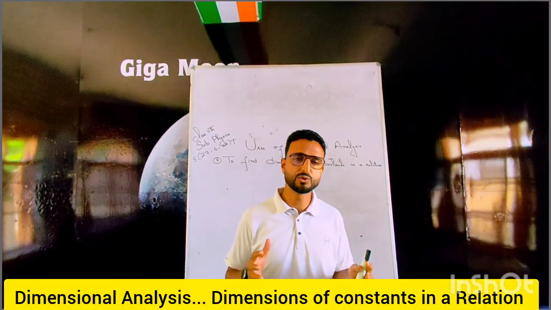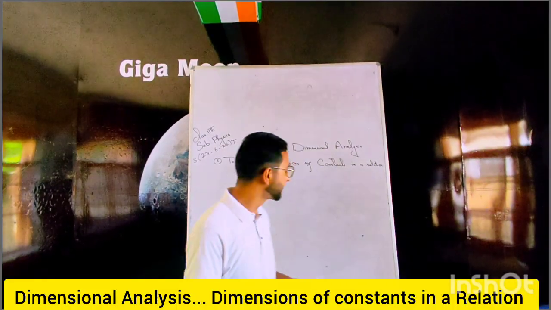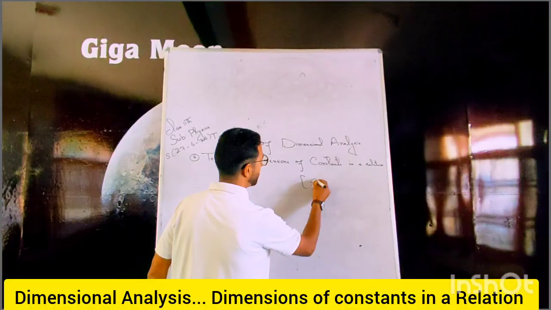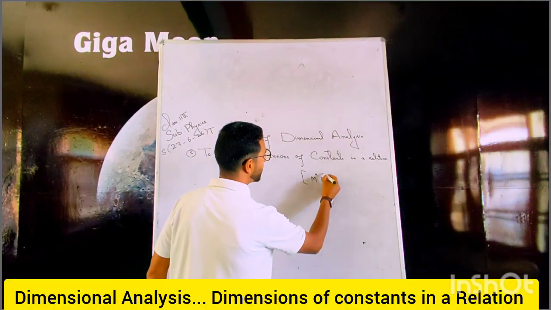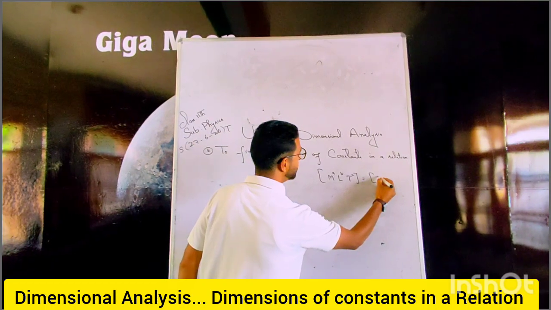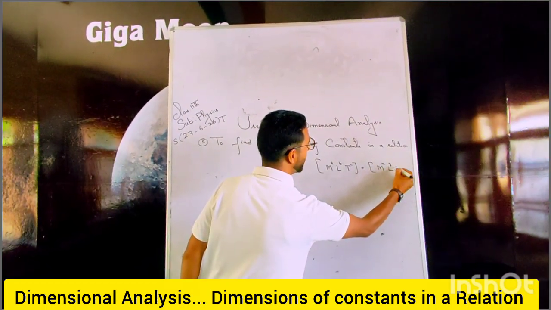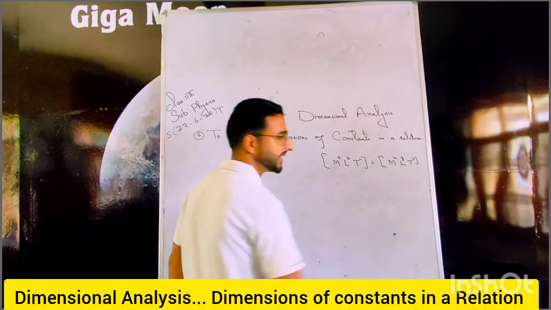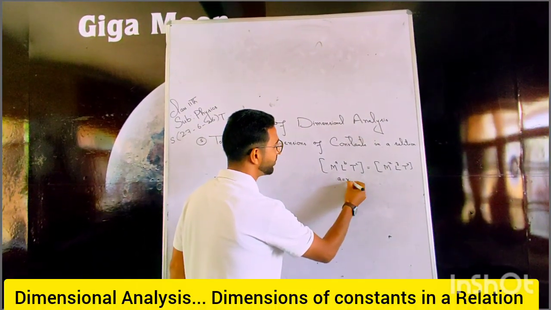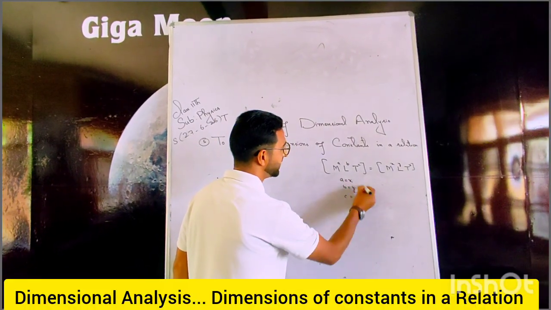Dear students, आपको याद होगा what is the statement of principle of homogeneity of dimensions? The dimensions of each and every term on either side of the relation must be same. For example, if this is m power a, l power b, t power c on LHS, and on RHS if we have, suppose this is m power x, l power y, t power z, then by the principle of homogeneity of dimensions, a must be equal to x, b must be equal to y, and c must be equal to z.